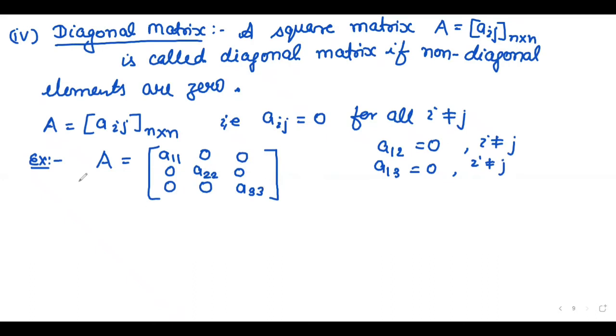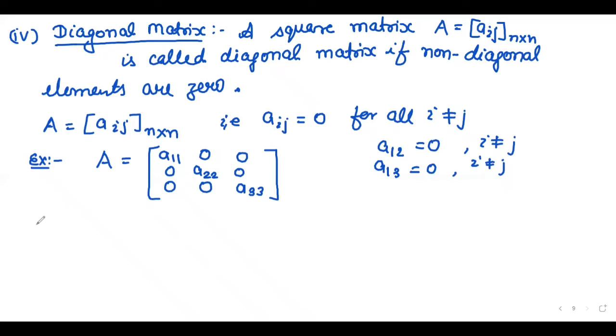We can write a diagonal matrix of order 3 by 3 having A11, A22, A33 as diagonal elements as diag(A11, A22, A33). Like that also we can write.